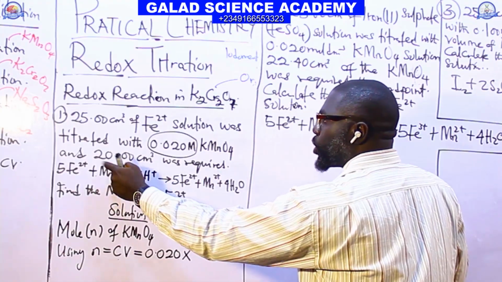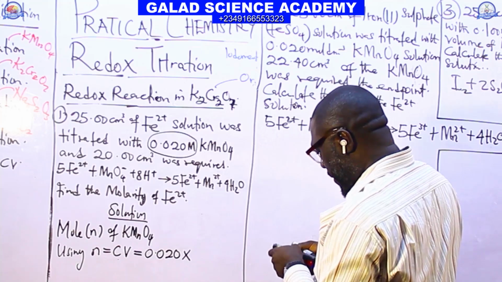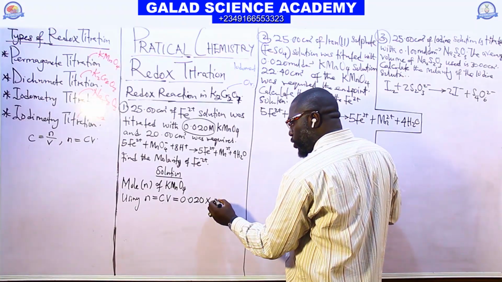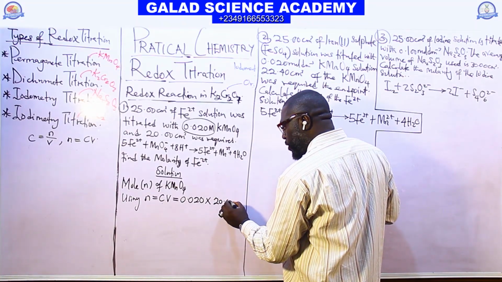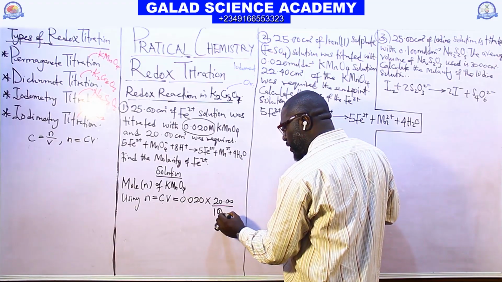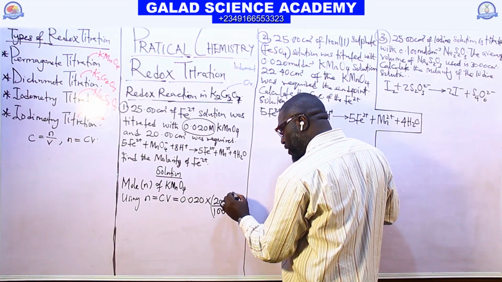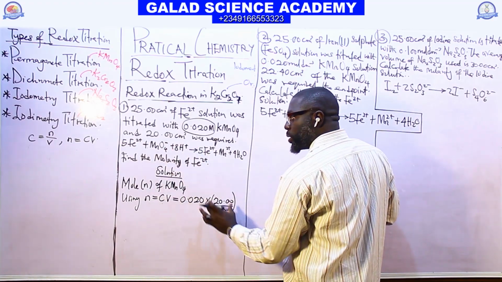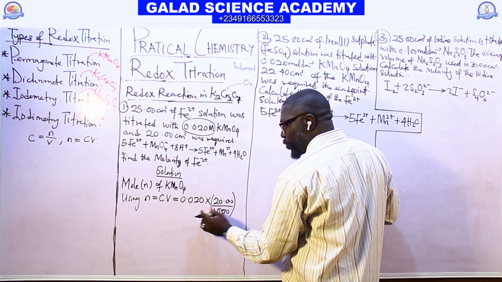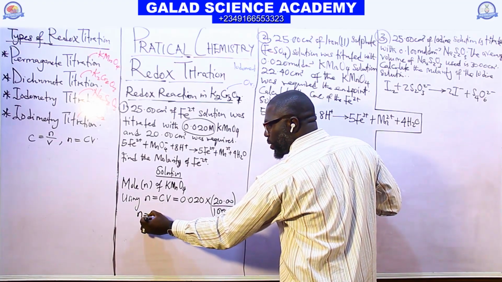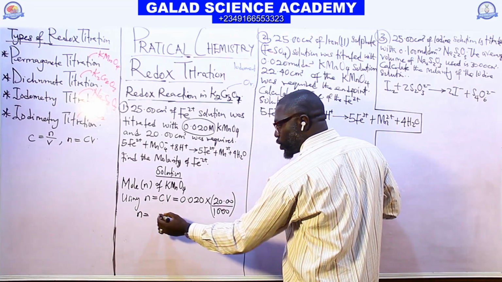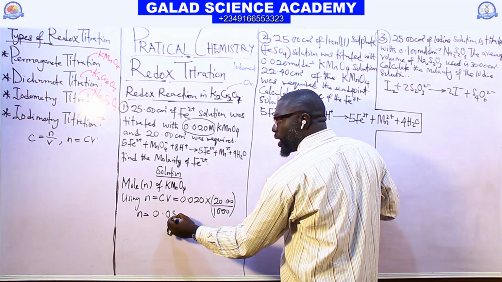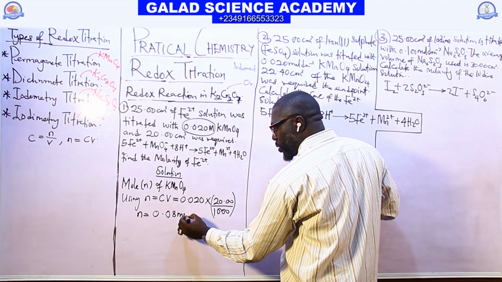The volume is 20.00, and by converting the volume to dm cube, I need to divide it by 1000. So from there, the number of mole will give us 0.08 mole.